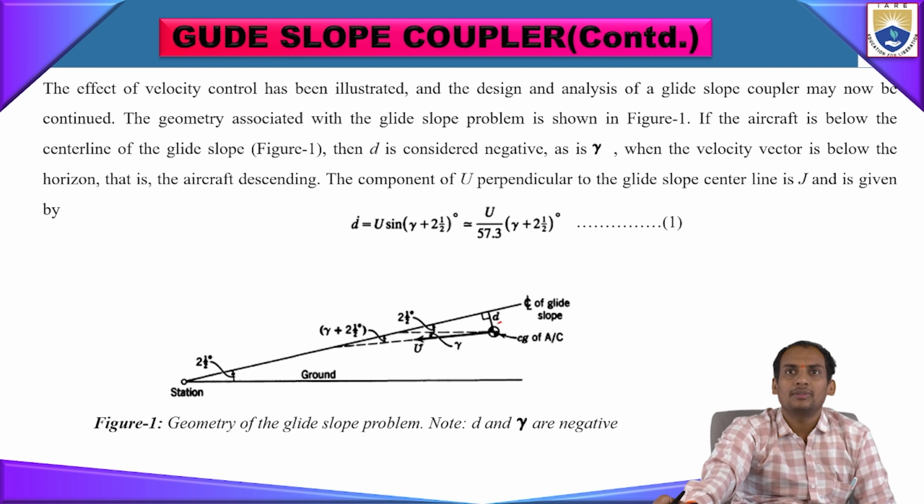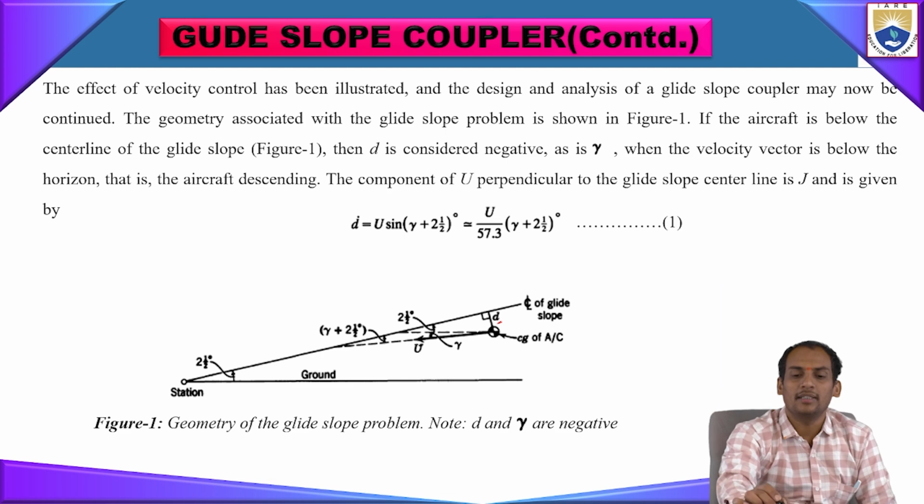Now the relation for d dash is given here. This is u, and this is the adjacent angle and this is the opposite angle, so what will be the sine component?